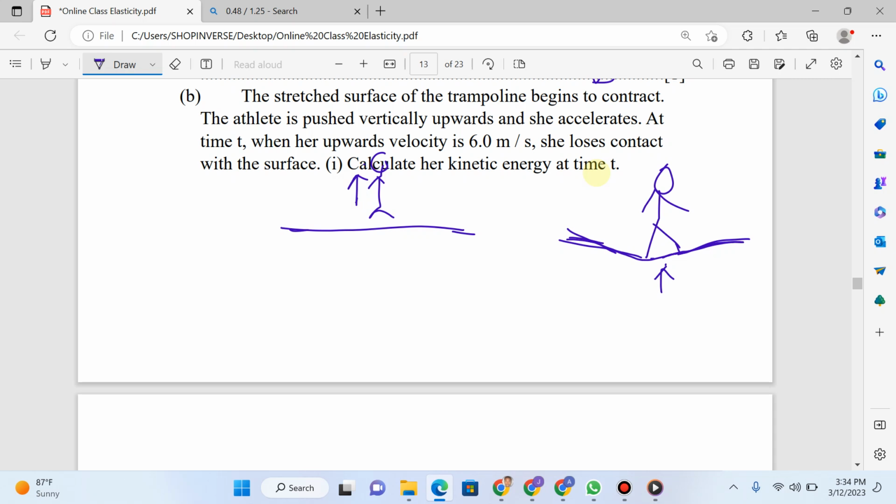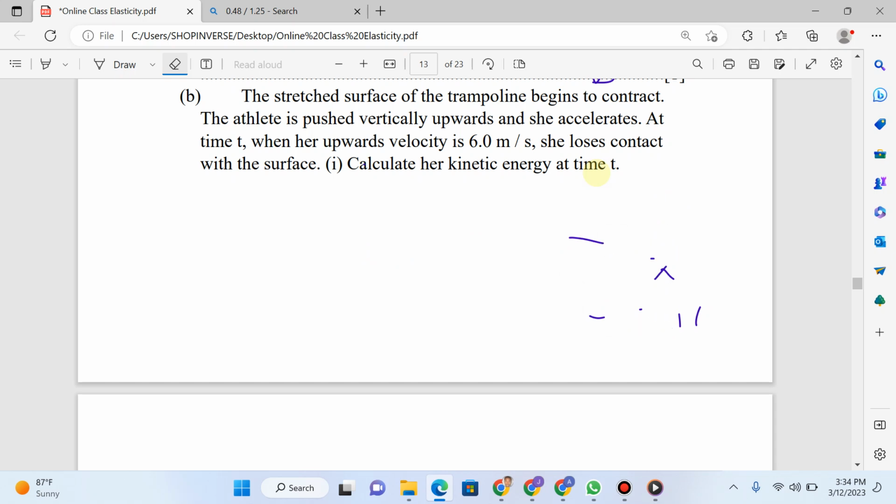So what form of energy conversion is taking place? It means the elastic potential energy of the trampoline is converted to kinetic energy of the woman as she's moving upwards. That's the form of energy conversion taking place in this situation. Okay, so let's get back to solving the question.